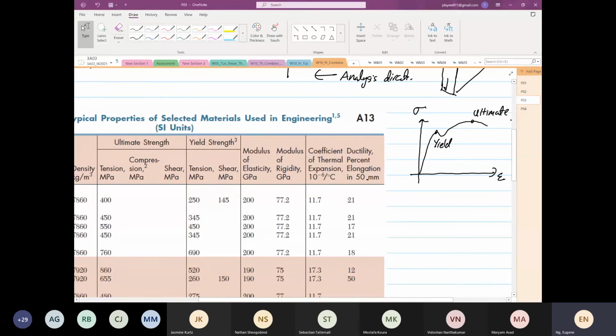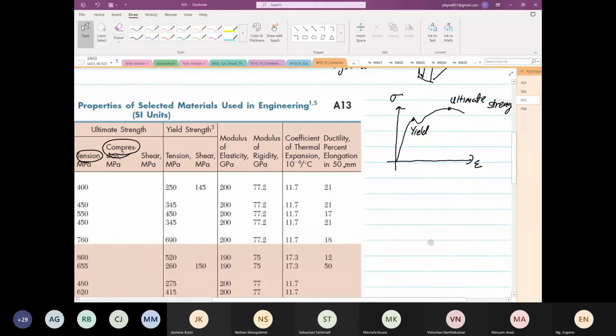Okay, right. Ultimate strength comes before yield. Okay, ultimate tensile strength. You don't need to say UTS, you just say ultimate strength. As you can see, the ultimate can be in tension or compression. So in ultimate strength, just say ultimate strength.